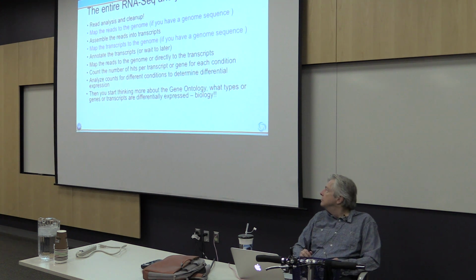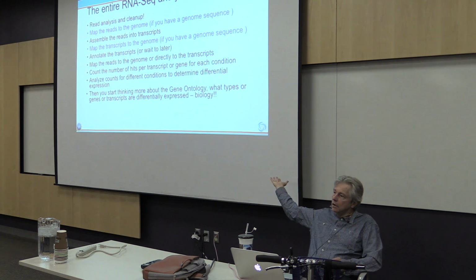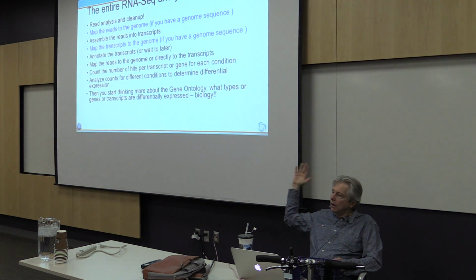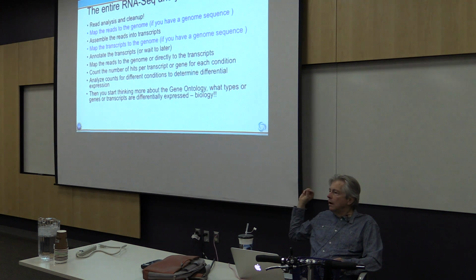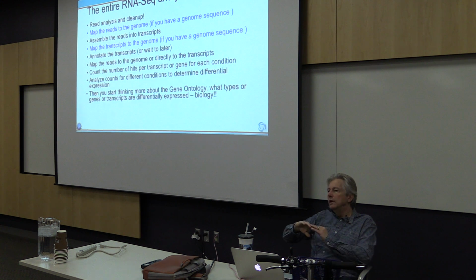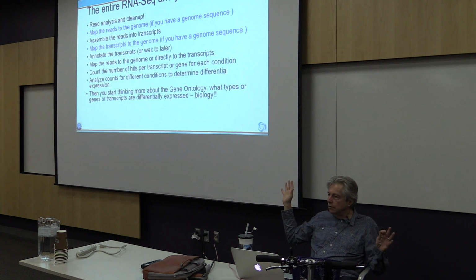There are tools for analyzing the gene ontology. What are all the genes, and what do they represent as types of genes? What types of genes are being turned on and turned off? Which types of genes are affected much more than if all types of genes were equally upregulated or downregulated?